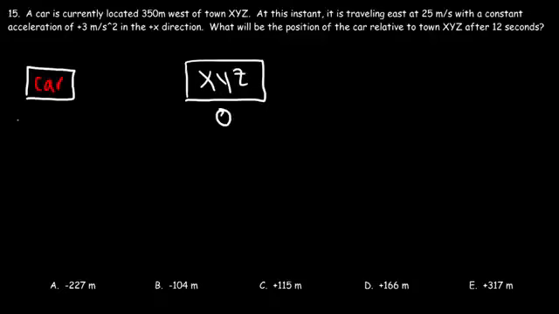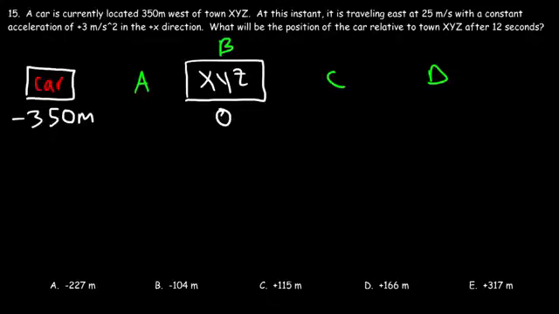The car is currently located at a position of negative 350 meters because it's 350 meters west of town XYZ. Our goal is to calculate the final position of the car after 12 seconds. It could be at position A, it could be at B, it could be at C, or it could be at D. We have to find out where the car will be relative to town XYZ.